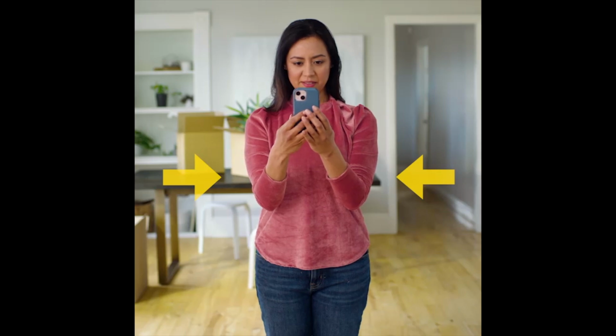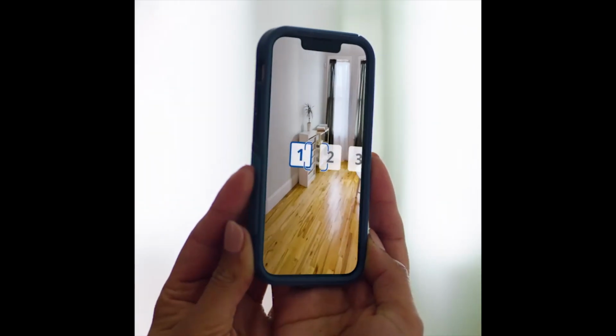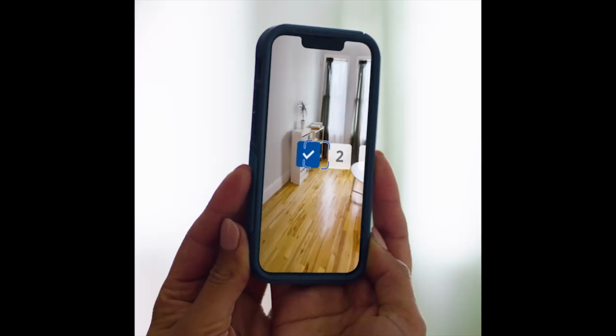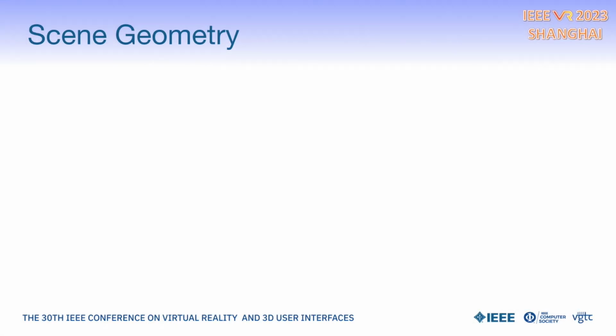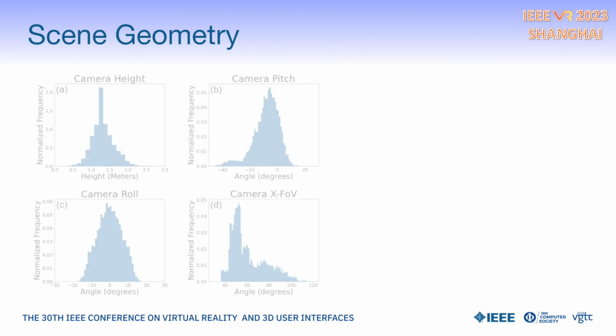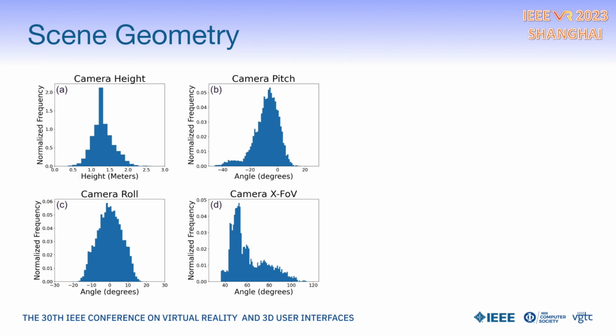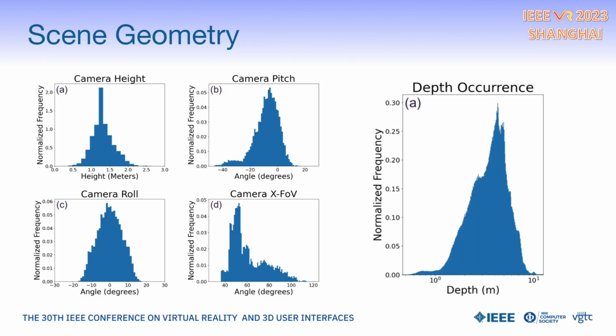The generated data is intended to simulate a typical IKEA customer taking a photo of their room. Therefore, the dataset statistics should be similar to our target application domain. For example, in GeoSynth, the average camera height is 1.32 meters, and the average depth value is 4.45 meters.